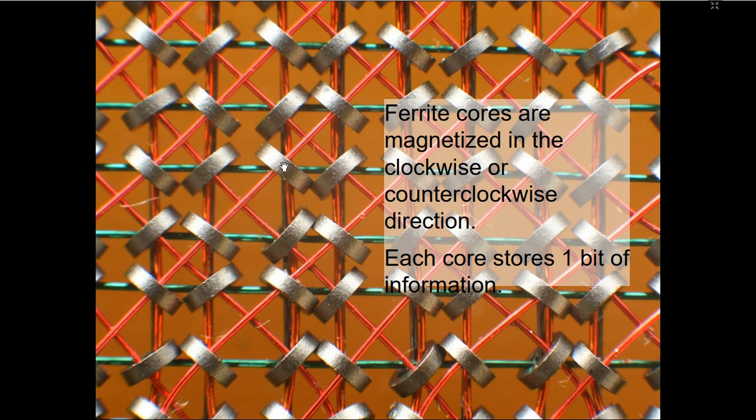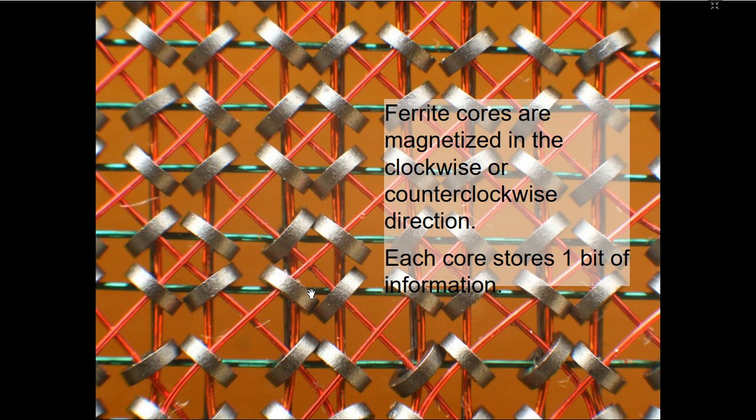And then you can go back and by using different wires, you can actually read whether it's magnetized or not magnetized. And so that was a way of kind of retaining information.